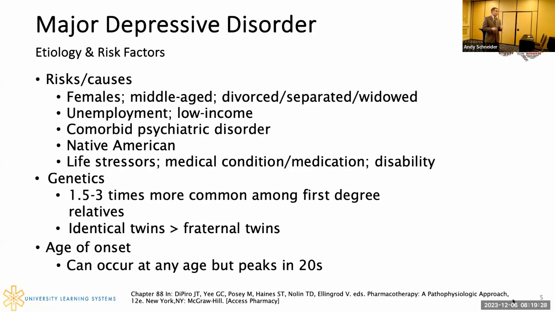So if someone has a high genetic predisposition, you may just need a small environmental stressor to trigger depression or some other psychiatric illness. That's why sometimes people say, well, I don't understand why this person ended up getting depressed over something small.